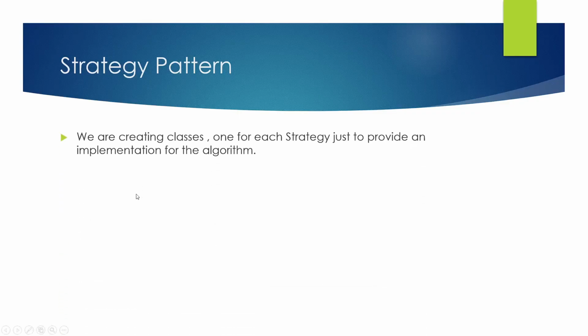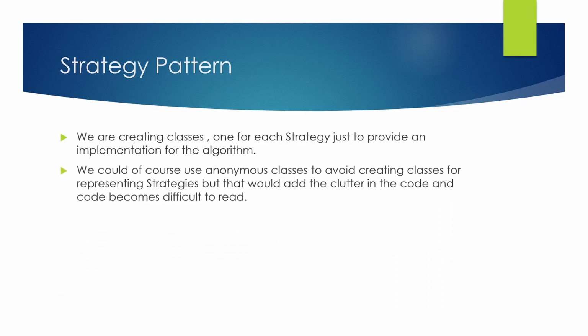As you can see, we are creating classes, one for each strategy, just to provide an implementation for the algorithm. And we could avoid creating these classes using anonymous classes. But as you saw previously, the code looks cluttered, and it also gets difficult to read, so the readability of the code will be affected.